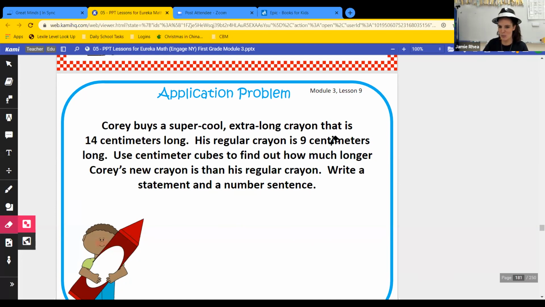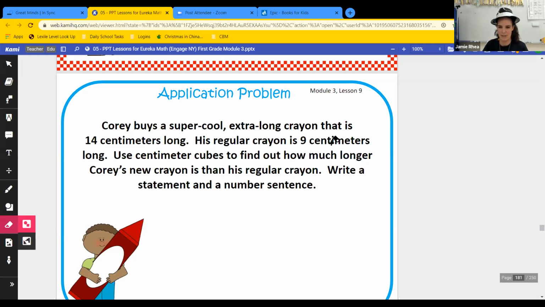Corey buys a super cool extra long crown that is 14 centimeters long. His regular crown is 9 centimeters long. We're going to use centimeter cubes, or in our case, paper, to find out how much longer Corey's new crown is than his regular crown. Write a statement and a number sentence.